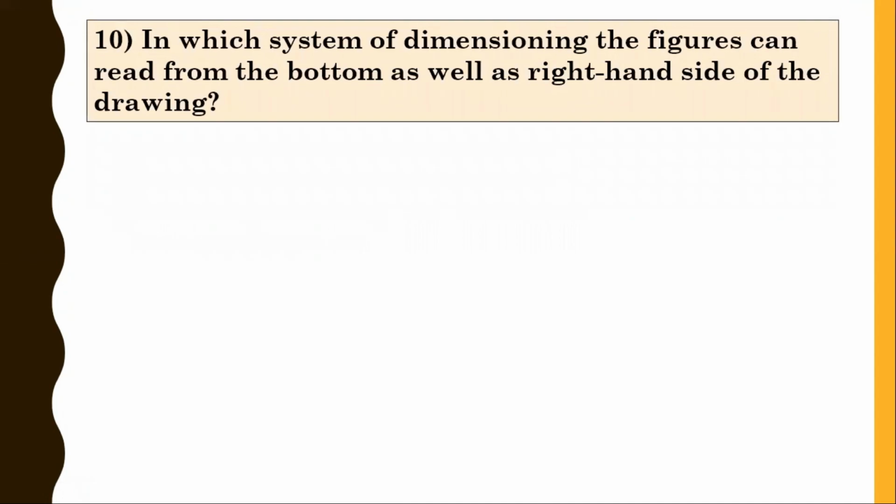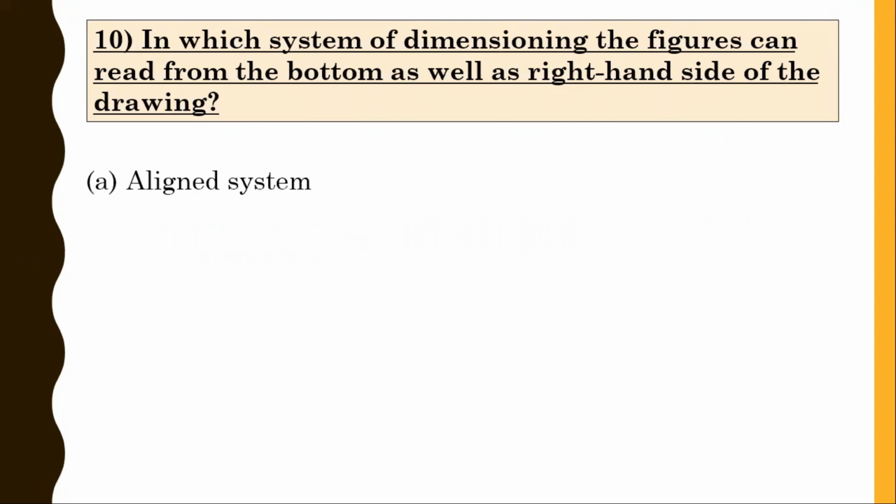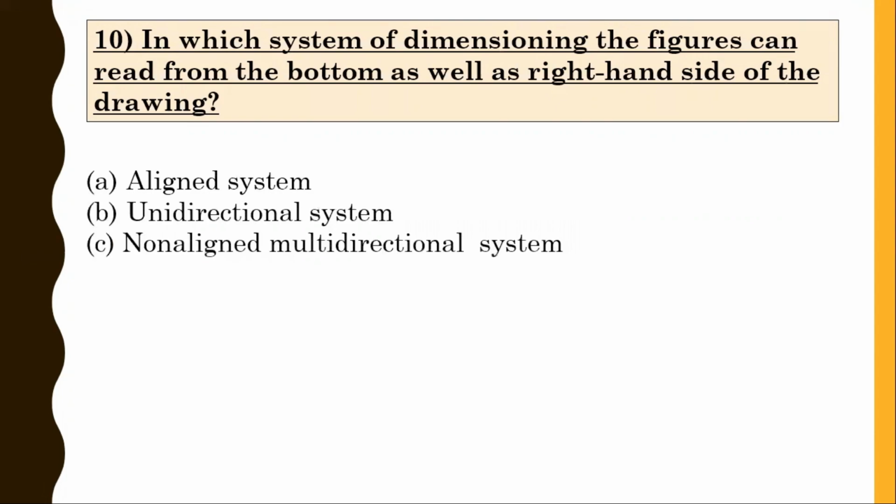Last MCQ. In which system of dimensioning can the figure be read from the bottom as well as the right hand side of the drawing? A aligned system, B unidirectional system, C non-aligned multidirectional system, D parallel system.